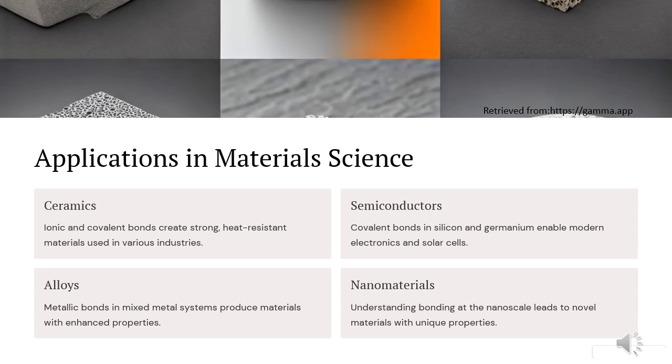Covalent bonds in silicon and germanium enable modern electronics and solar cells. Nanomaterials. Understanding bonding at the nanoscale leads to novel materials with unique properties. Understanding these forces allows scientists to create materials with tailored properties for scientific, industrial, technological, and biomedical applications.